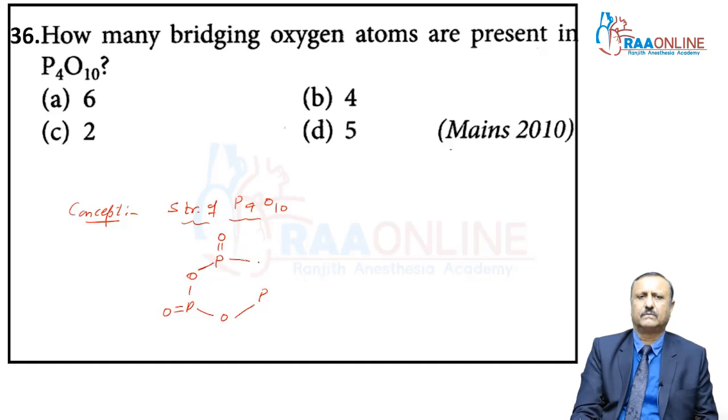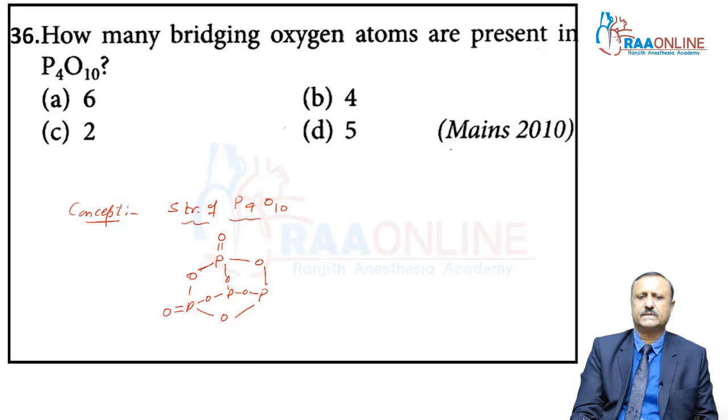Here you can see the oxygen, then this is the phosphorus. Now here we can write the phosphorus in the center, but these oxygen atoms are present between the phosphorus.